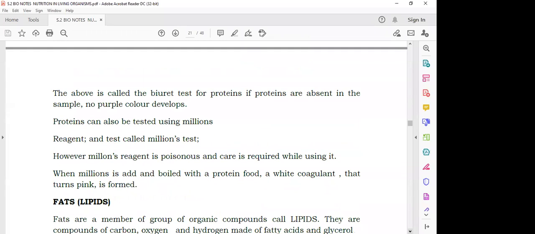There is another test for proteins, which we call Millon's test, not million. These days we don't carry it out because that reagent, Millon's reagent, is poisonous.